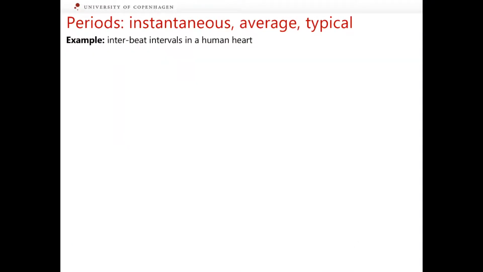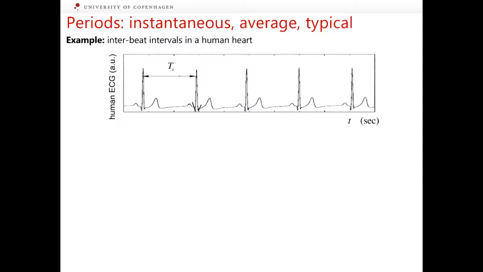As an example, consider the beating of a human heart. This picture shows the so-called electrocardiogram, a signal that measures electrical activity of the human heart. We know that our hearts beat rhythmically, but it is also very well known that time intervals between successive heartbeats vary considerably.